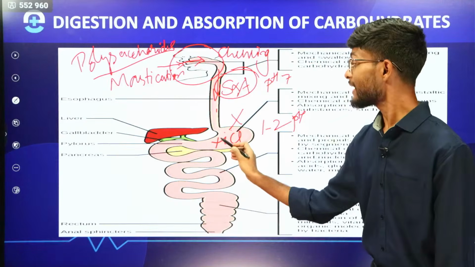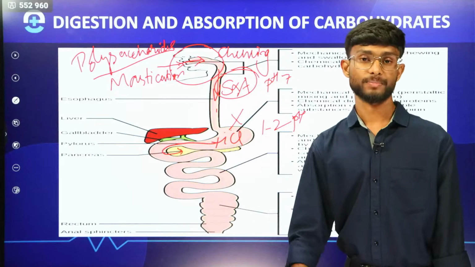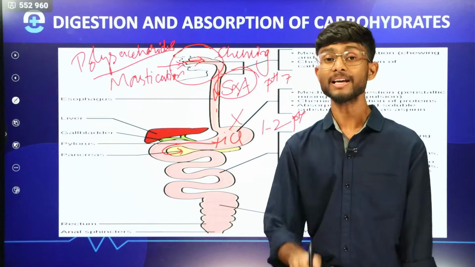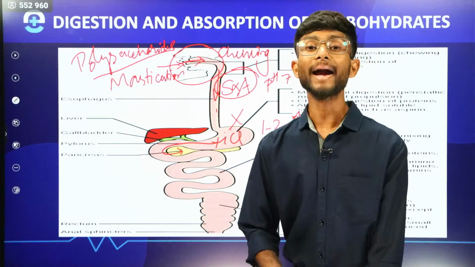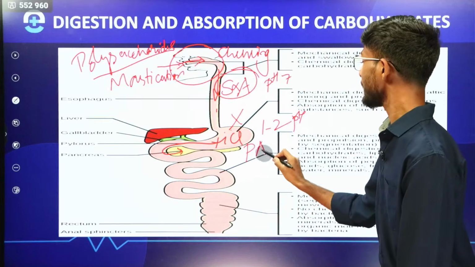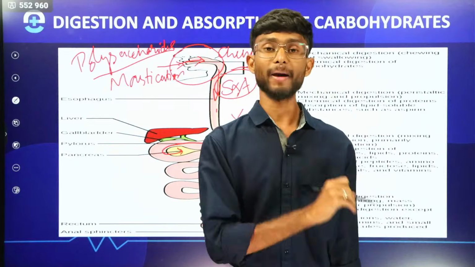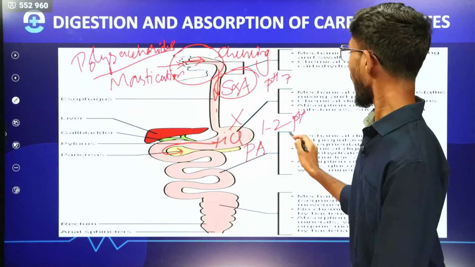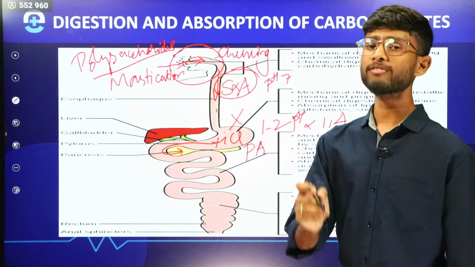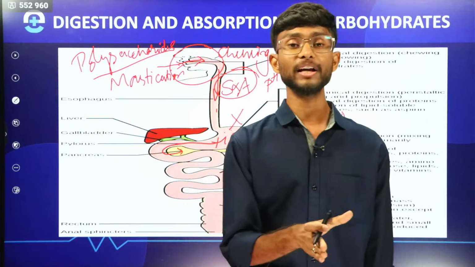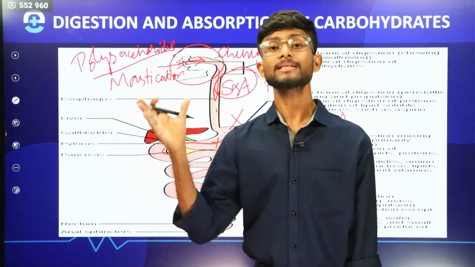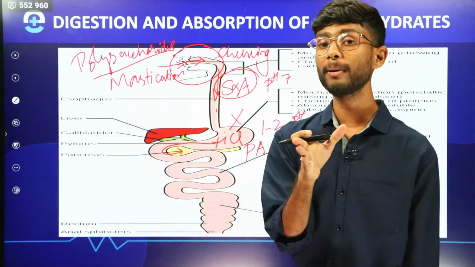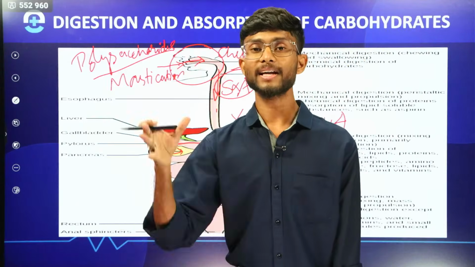Then what happens? When it enters the pancreas or small intestine, first it enters the pancreas, where there is an enzyme called pancreatic amylase. This pancreatic amylase breaks down the alpha 1,4 glycosidic bond and makes subunits; the polysaccharides are broken down into disaccharides and monosaccharides.